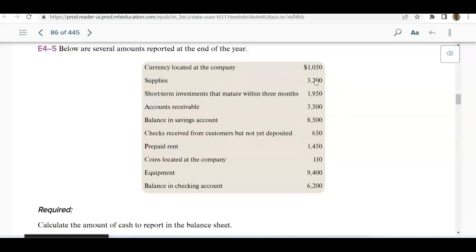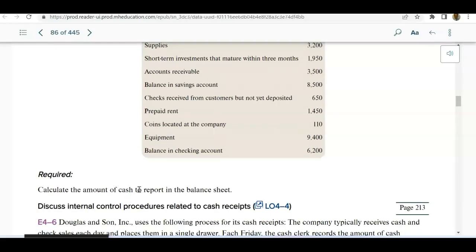We have some currency, supplies, short-term investment, accounts receivable, saving account, some undeposited funds, $650. We have current assets like prepaid rent, some coins, and a fixed asset like equipment, and checking account. Calculate the amount of cash to report in the balance sheet.